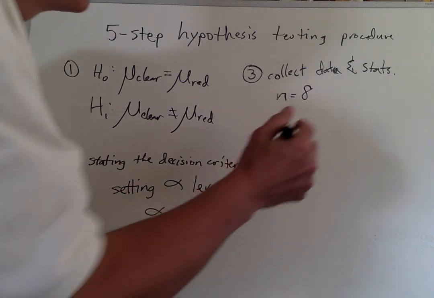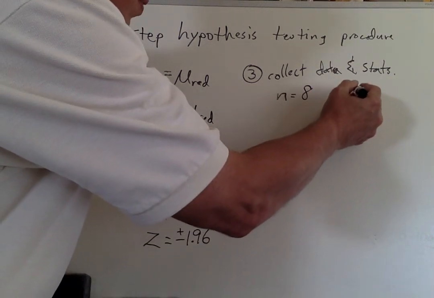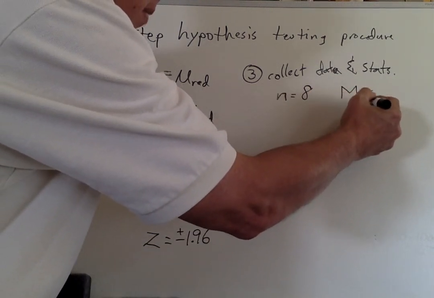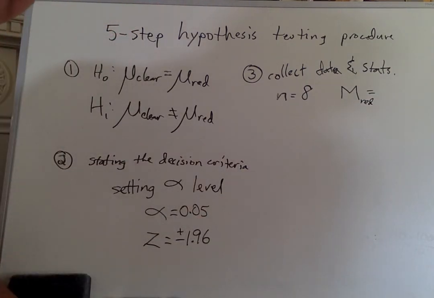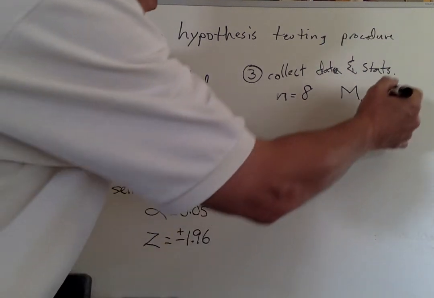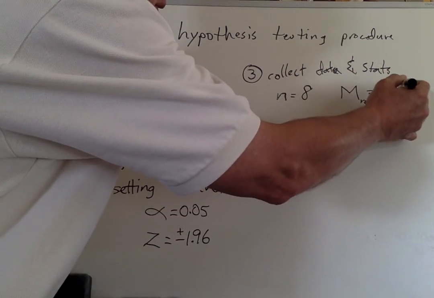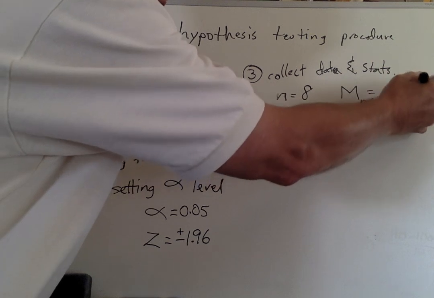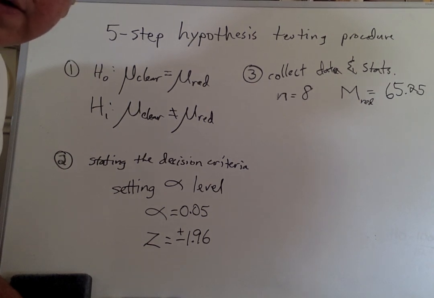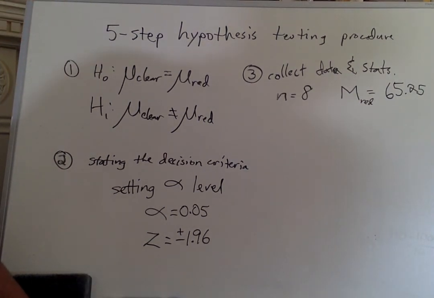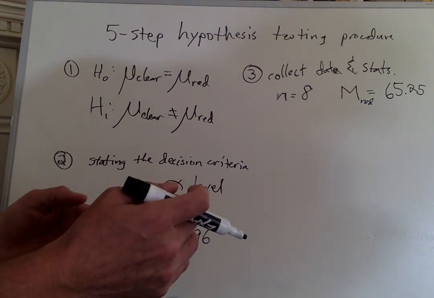So we have 8 people, and I'm going to subscript this with red, okay? They're getting the red food coloring. Let's say for these 8 people, the average sweetness is 65.25 millimeters. Okay?